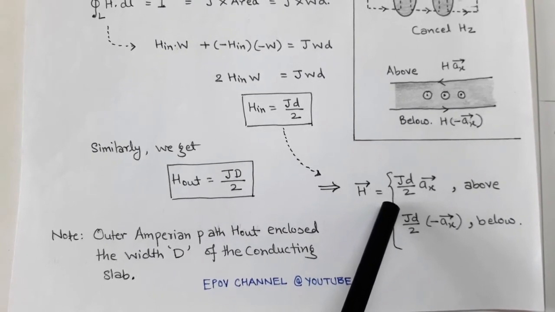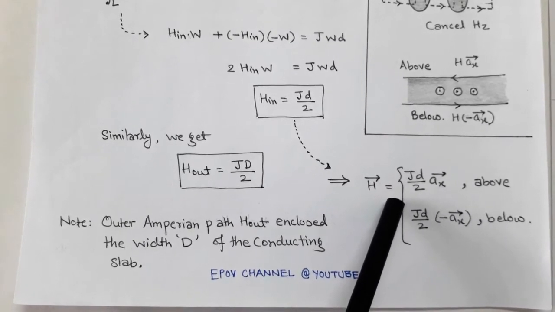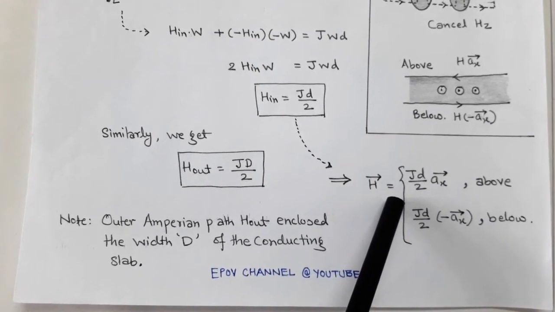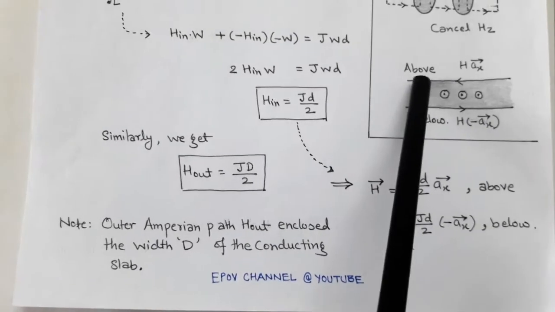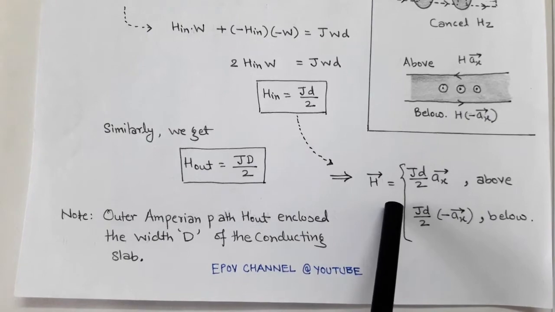Since the magnitude is Jd upon 2, in the upper surface the magnetic field intensity is towards the positive direction of x, and below it is towards the negative direction of x.